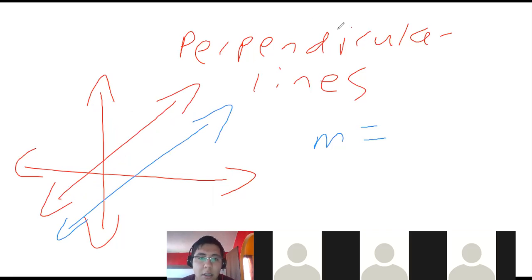This was parallel lines, from yesterday. So why did parallel lines have to go in the same direction, or why do they have to have the same slope? Because they're parallel, they're supposed to be equal to each other. Oh no, I forgot. Hold on, I don't know.